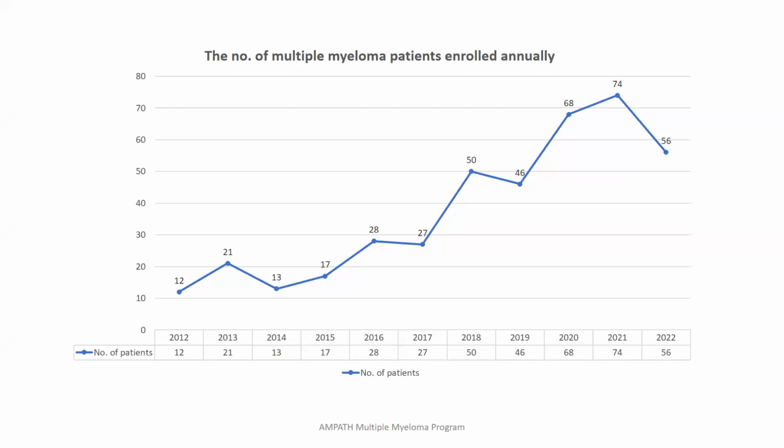But you can see that the graph has been going up over the years. And we attribute this to continuous dissemination of information, just generally improvement of health-seeking behavior within our community, and also improvement of the diagnostics and the high index of suspicion. You can see even during COVID in 2020, still we diagnosed quite a number of patients.